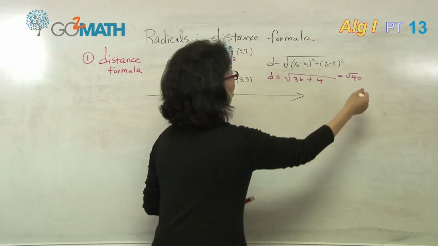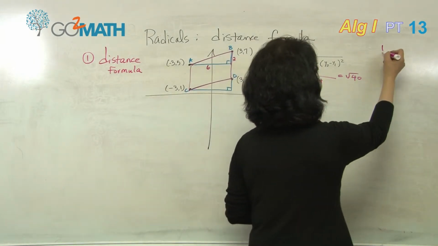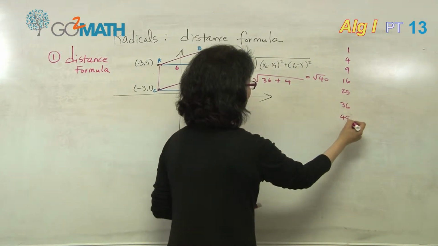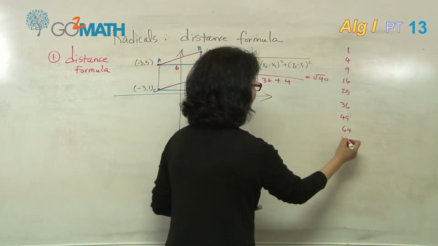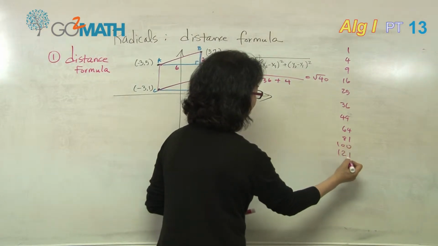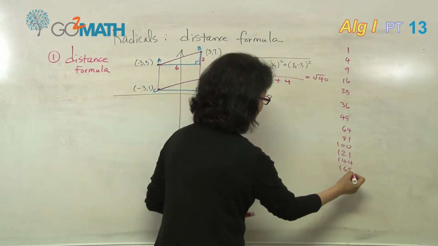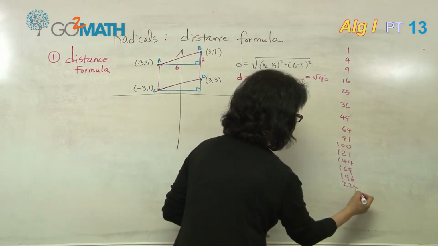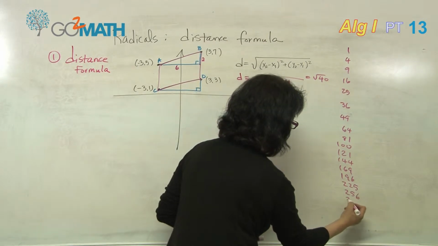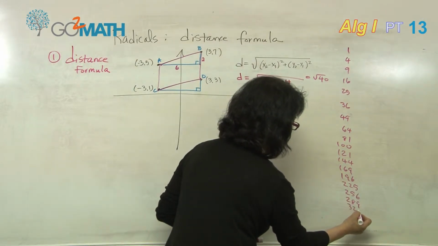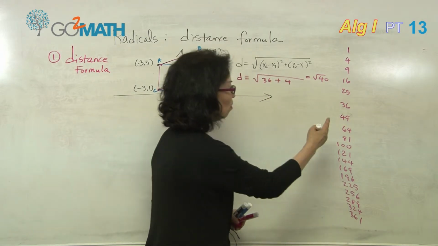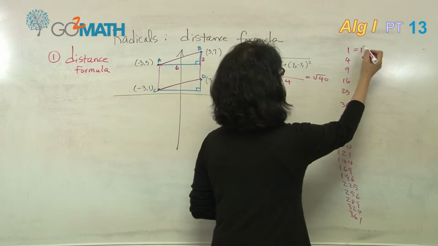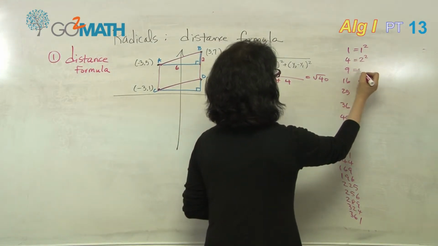The reason I say radical number is, if the numbers are 1, 4, 9, 16, 25, 36, 49, 64, 81, 100, 121, 144, 169, 196, 225, 256, 289, 324, 361, then you don't say that's radical because all of these are square numbers.